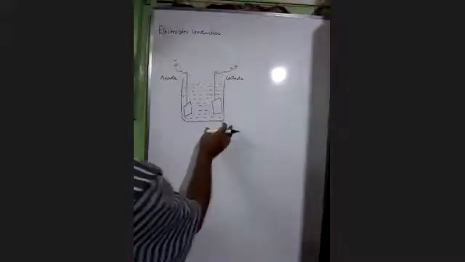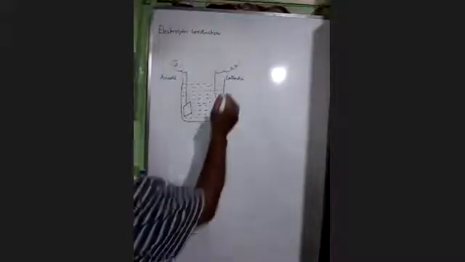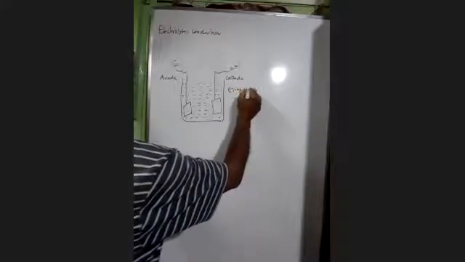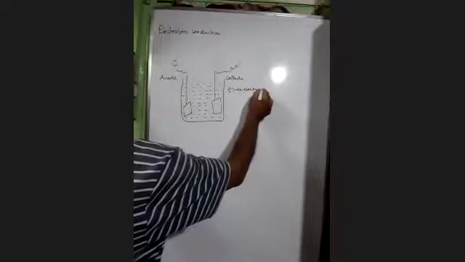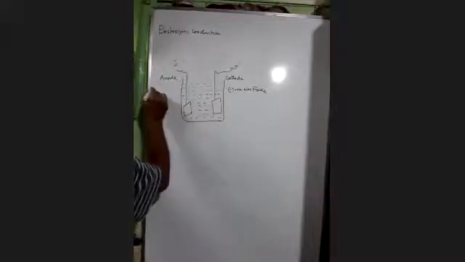By this time you know what is cathode and anode, because cations are positively charged. So the electrode to which the cations will migrate will be a negative electrode, and anions migrate to the positive.